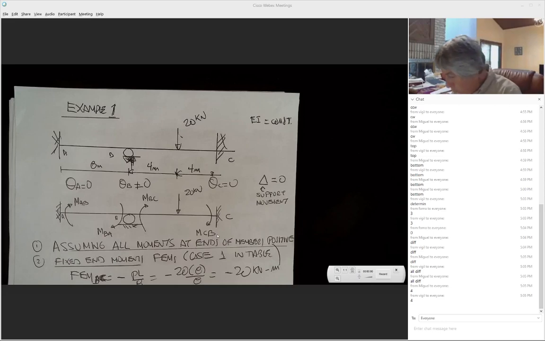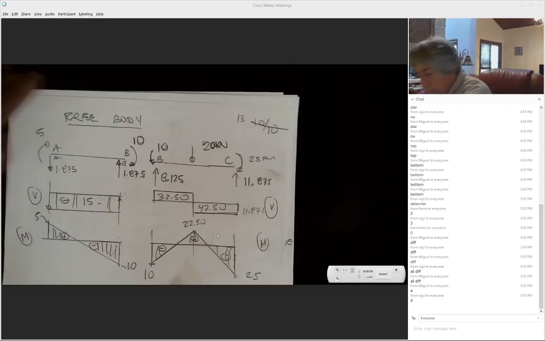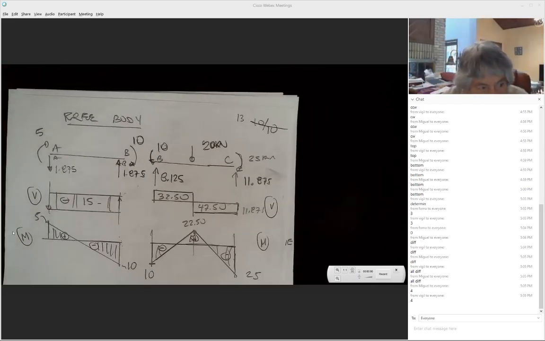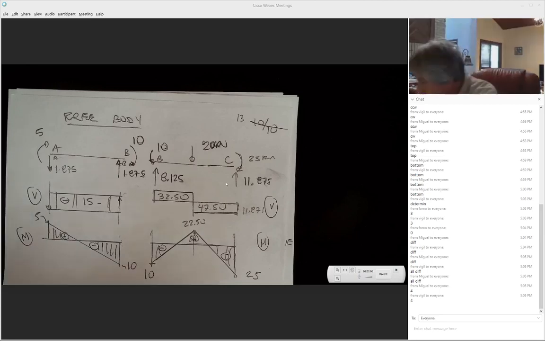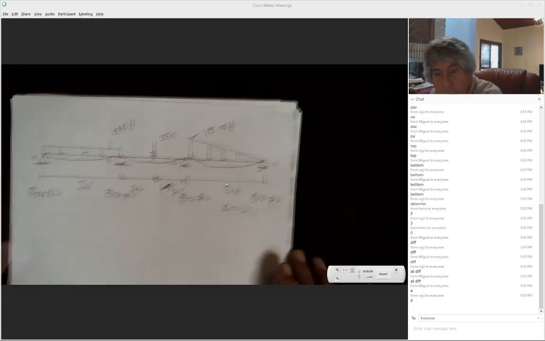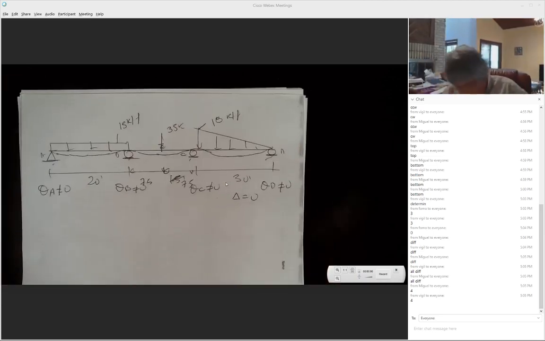And I computed those and I was able to plot this. There is a moment at AB, there is a moment at BA, BC, and CB. Going back to this problem, we had 4 unknowns, I need 4 equations.